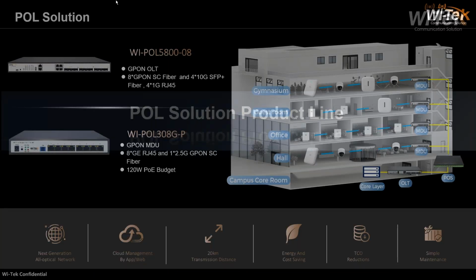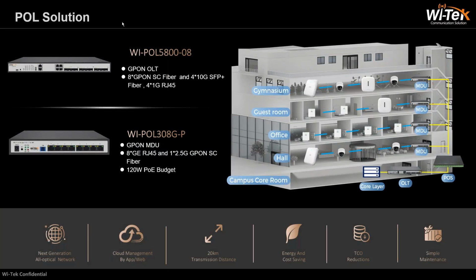Okay, let's move to our POL solutions. POL is GPON and FTTD technologies. This will be the next generation all-optical network. It combines the optical and the PoE technology together, because we can see in this building, on each floor we put one MDU.